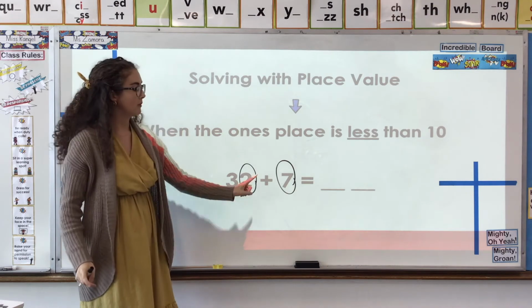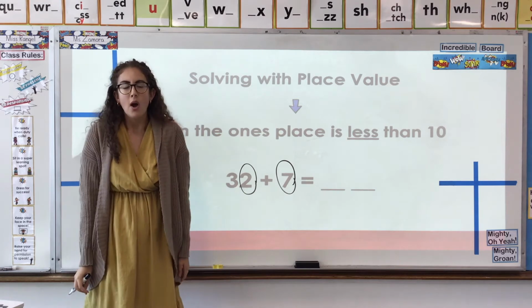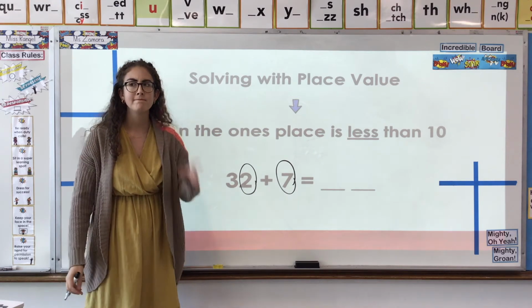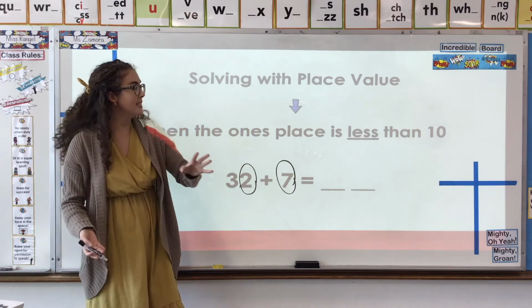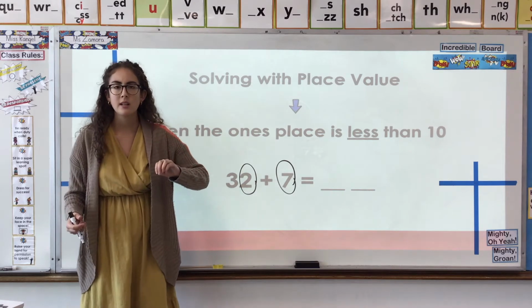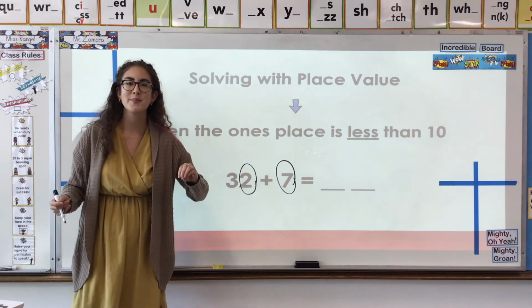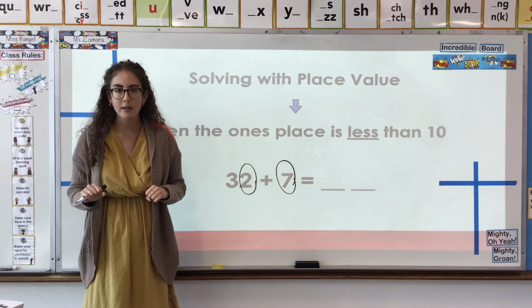So let's think about it. We've got 2, and we're going to add 7. What number is that? It's 9. Is 9 more or less than 10? What do you think? 9 is less. It's a smaller number.